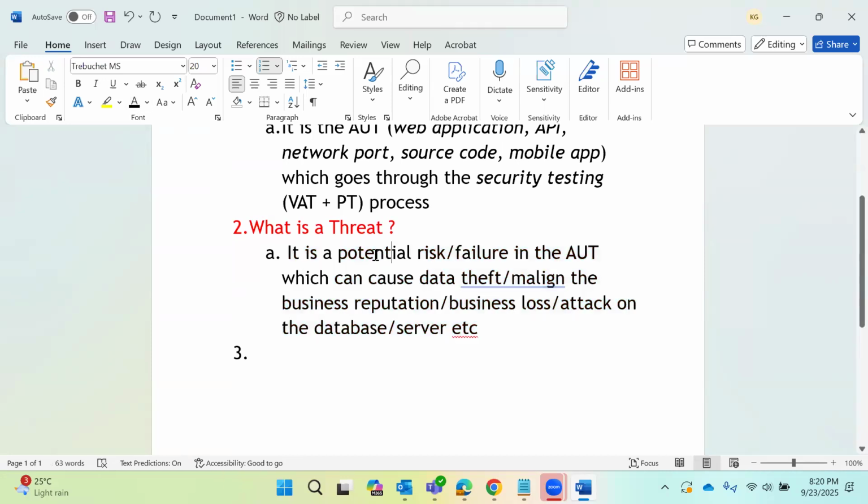There is another word I'm trying to recollect for threat, but this is still good. Potential risk and failure. Okay, I think that should be okay. Synonyms I can always search later.